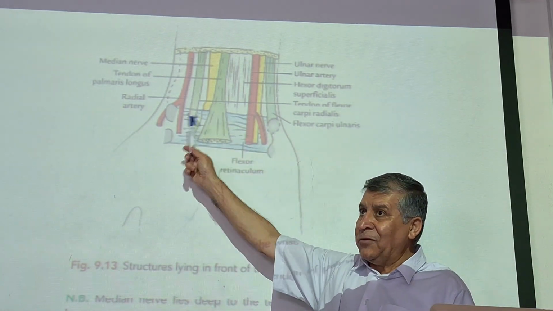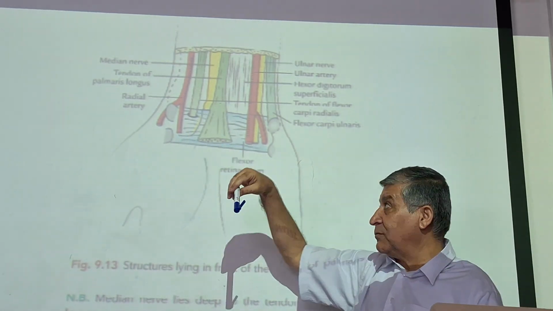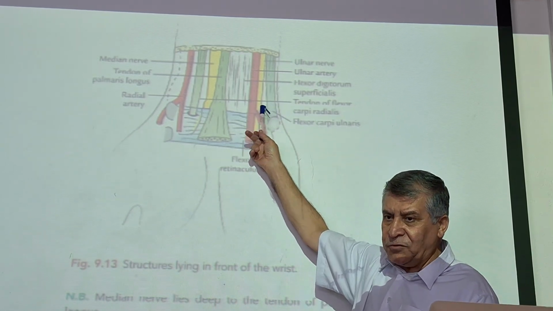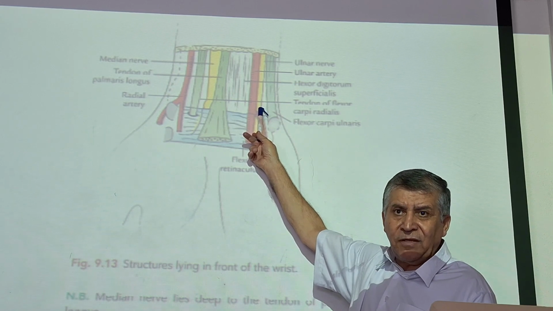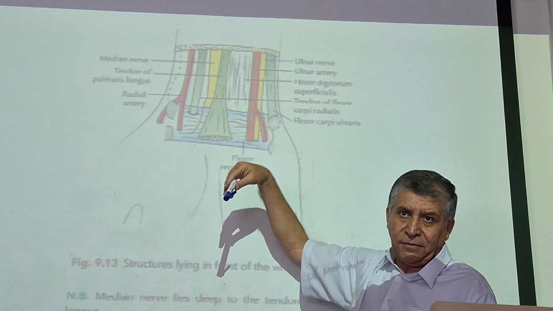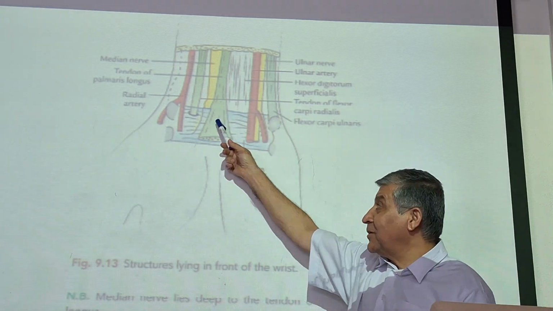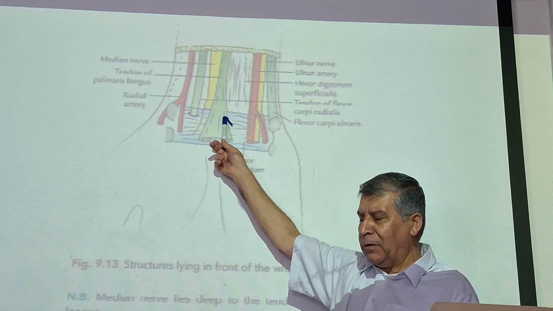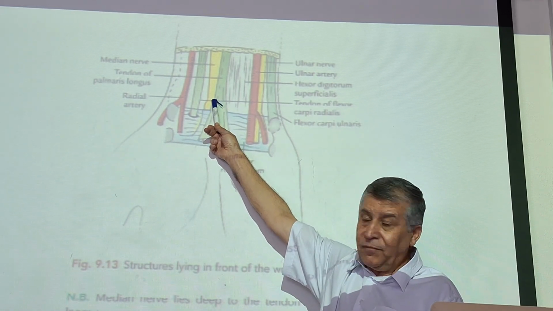Lateral to these tendons, there are vessels and nerves. For example, lateral to flexor carpi ulnaris, you can see the ulnar nerve and ulnar artery. Lateral to flexor digitorum superficialis or palmaris longus, you can see the median nerve.